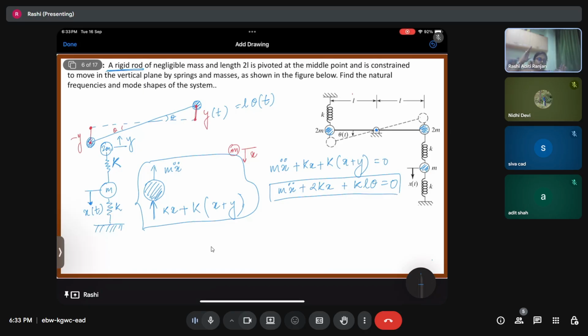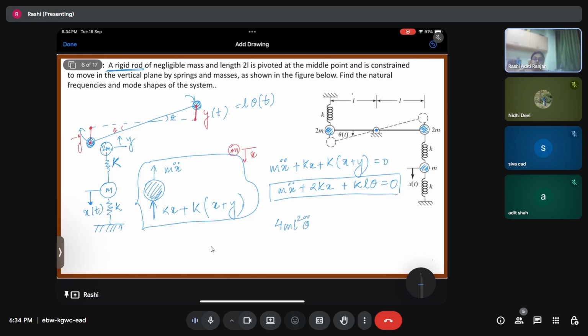Both are getting the inertia force in the same sense. This mass is going upward, this mass is going downward, so it is going to observe an inertia force in which direction? Clockwise, and this is also going to have it in the clockwise direction. So we can add up the contribution of inertia. So we are going to have 4mL square theta double dot, which is the inertia force.